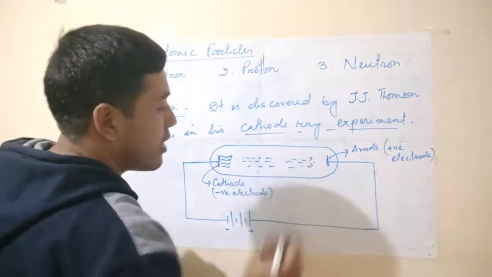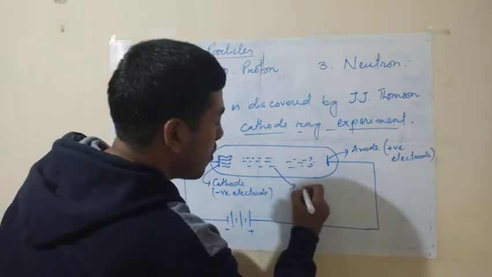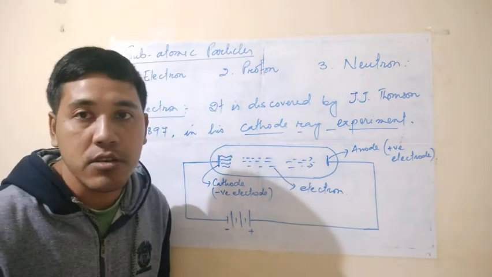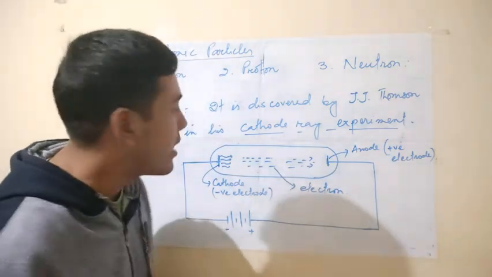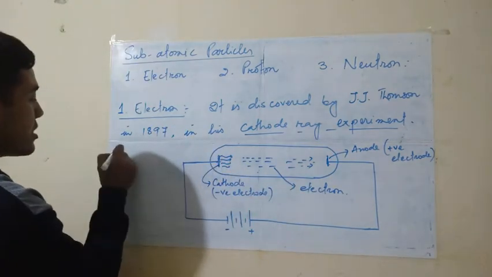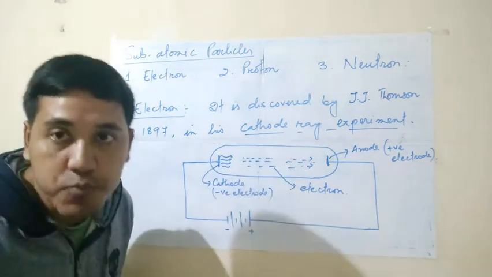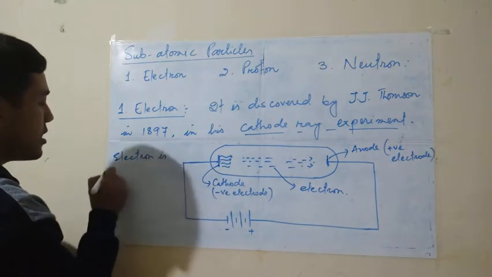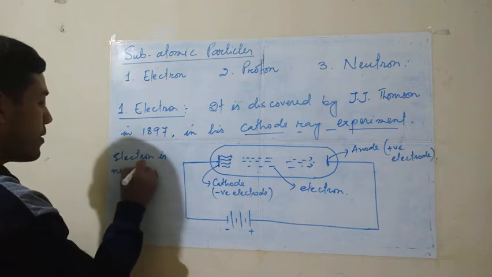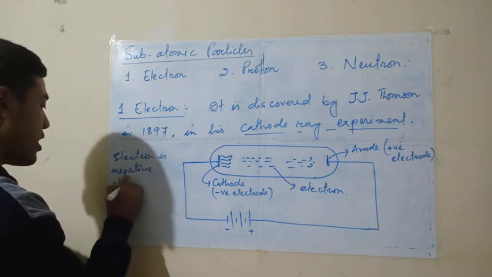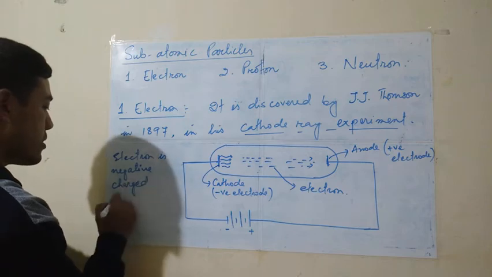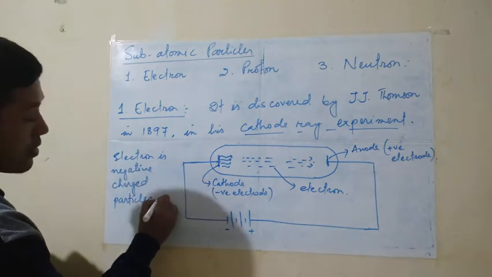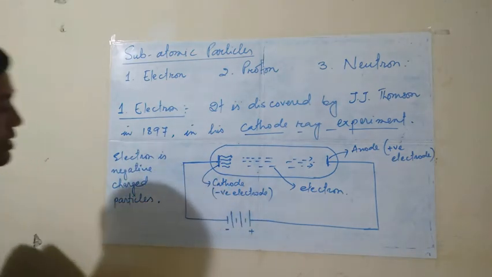He called this particle the electron. From this experiment he proved that the electron is a negative charge particle.